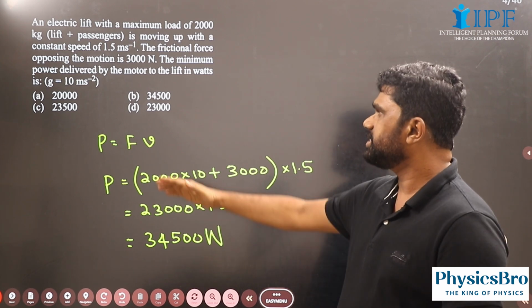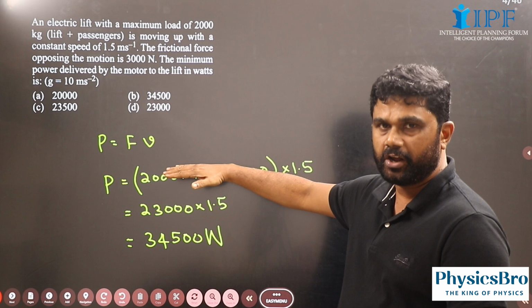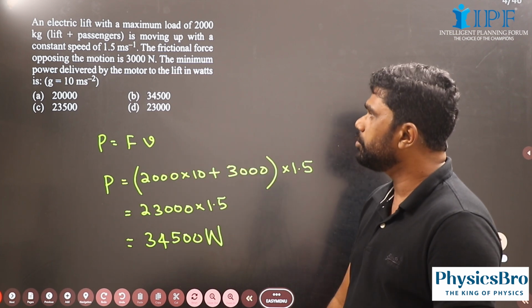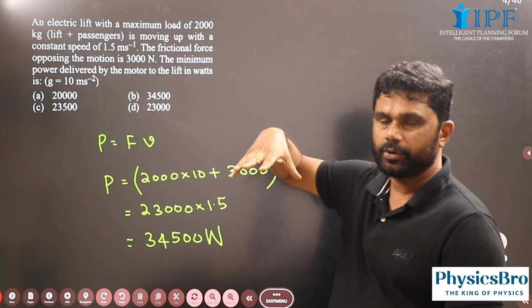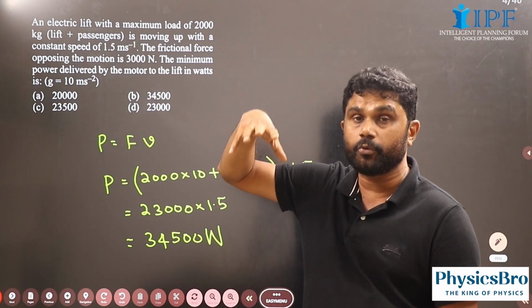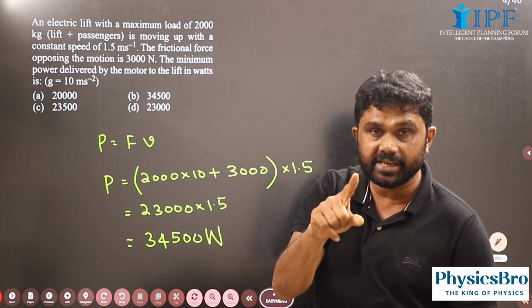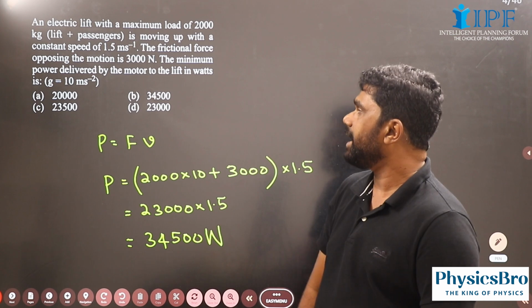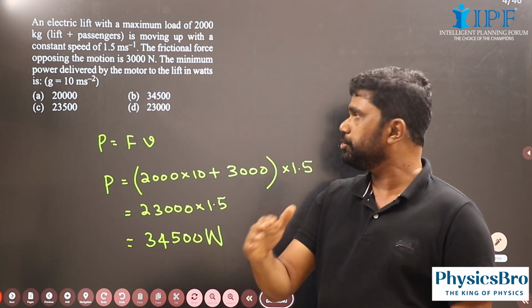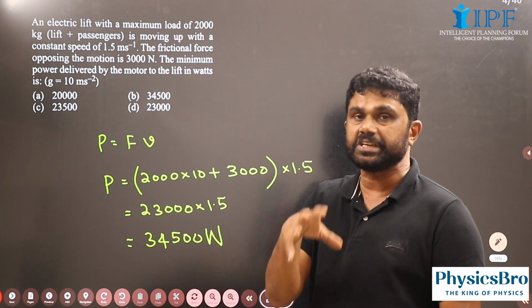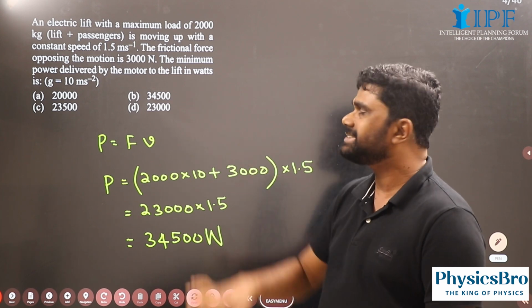See, the power is force into velocity. The load is 2000 kilogram, so the force that is to be opposed is gravity plus friction. Gravity means the weight: 2000 kilogram into g, which is 10, so 20,000, and the friction is 3000.